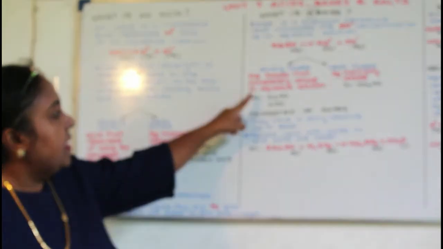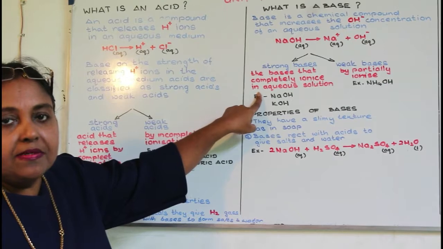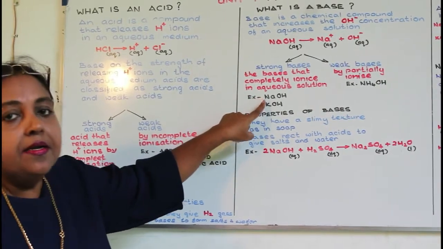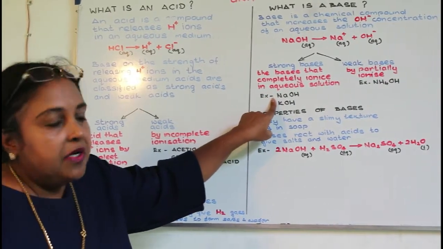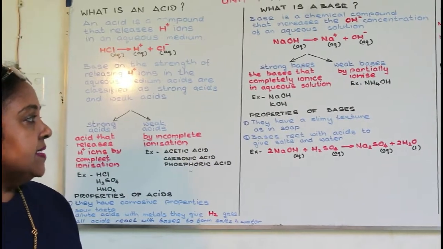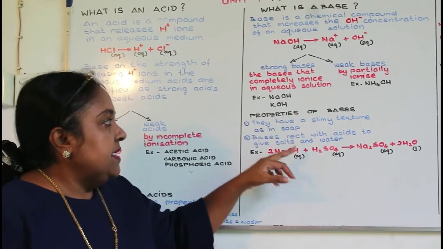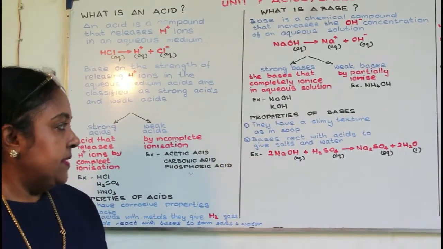Now you have to study 2 strong bases. What are the 2 strong bases? Sodium hydroxide and potassium hydroxide. Here you have to study the properties of bases. There are 2 properties; you can study these 2 properties.